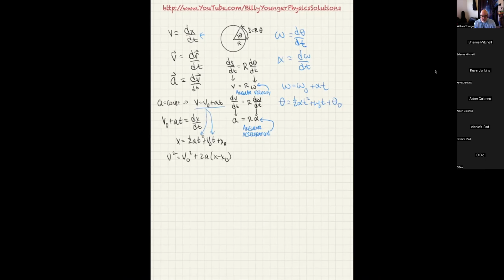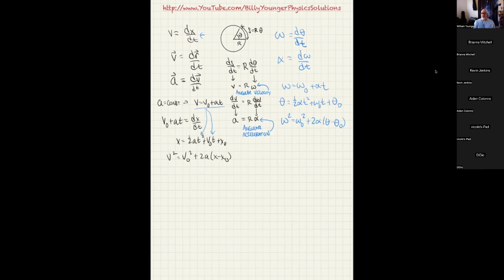When we do the same thing here, we end up getting omega squared is equal to omega 0 squared plus 2 alpha times theta minus theta 0. So you can pretty much just make the translation of every problem you work, say from chapter 2 on kinematics. If you see something that's in meters per second, for instance, you can replace it with radians per second, and now you have the exact equivalent of rotational motion.